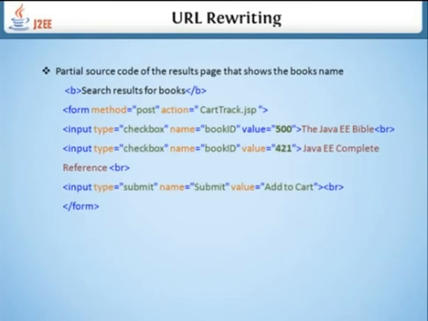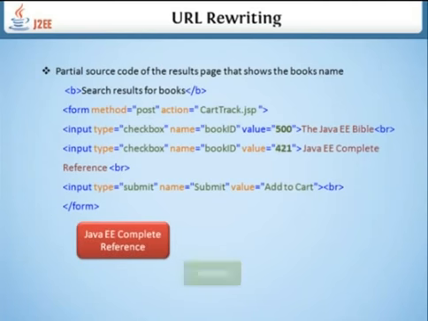Particular source code of the result page that shows the book's name. Java complete reference, and submit.